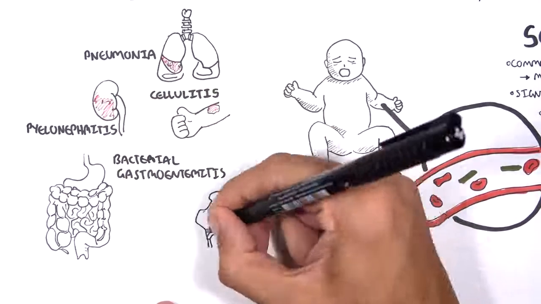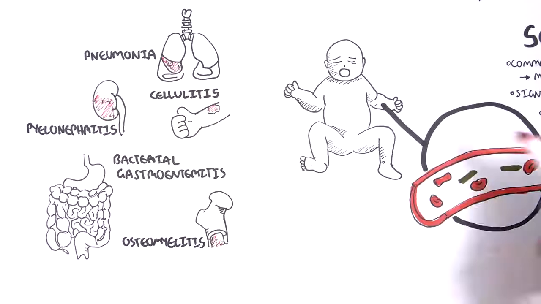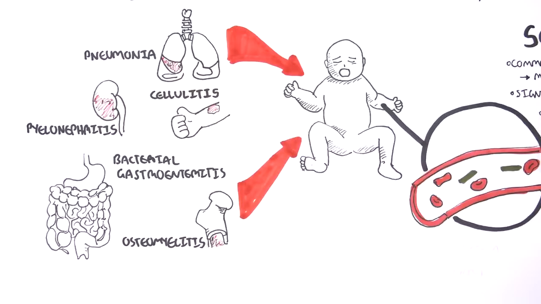All these primary infections can lead to dissemination of that bacteria, causing sepsis. In infants, sepsis can be subtle, and any suspicion of sepsis should be investigated and treated, typically with empirical antibiotics such as gentamicin and benzylpenicillin.